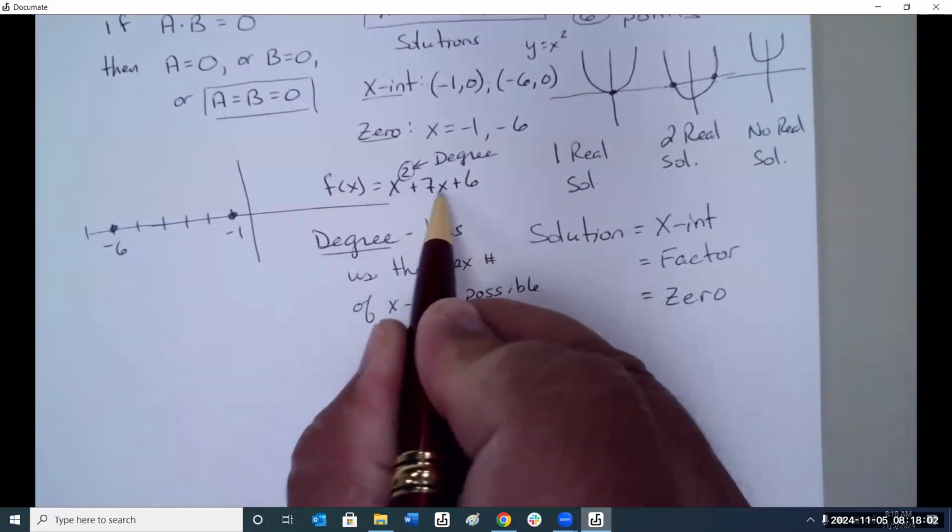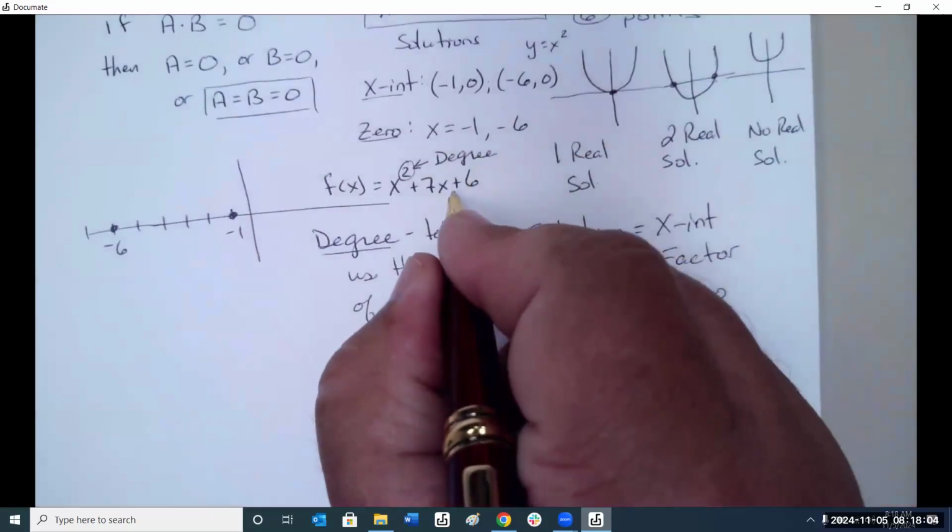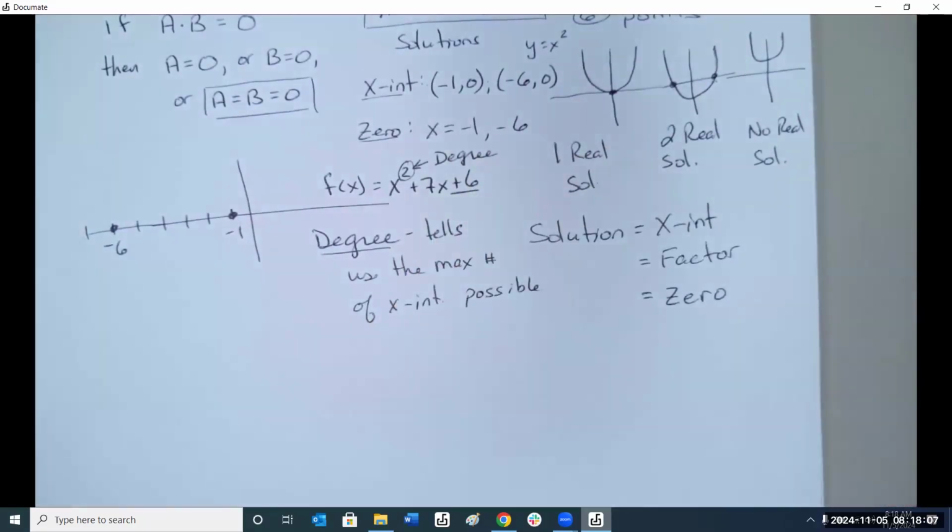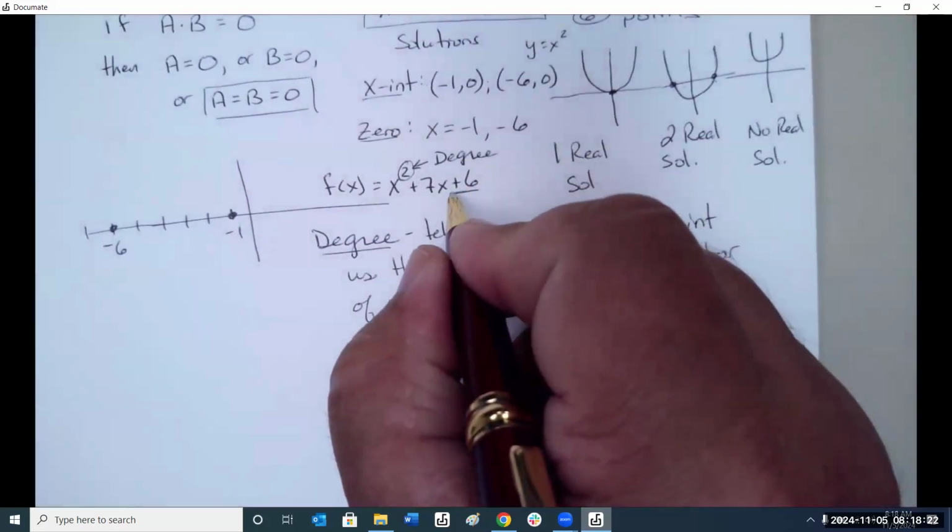And from this equation, what else is important? The plus 6. What does that tell us? What does the 6 represent?